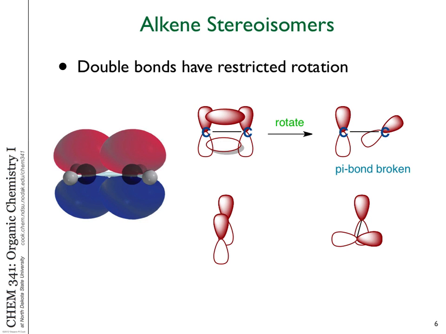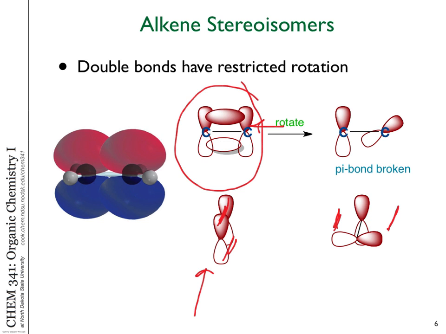So in order for that side-to-side overlap and bonding to exist in this pi bond, it has to be aligned in the same direction. Okay? If it's this case, and this is looking down that C-C bond, they have to be overlapping. If you rotate, you'll see that there can be no overlap now between the front carbon and the back carbon, right?